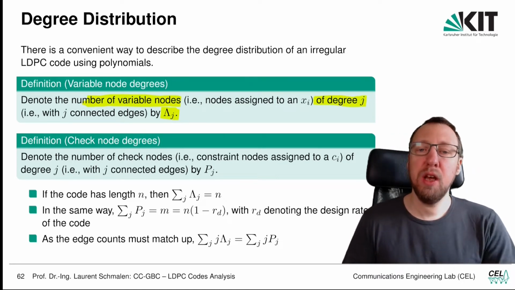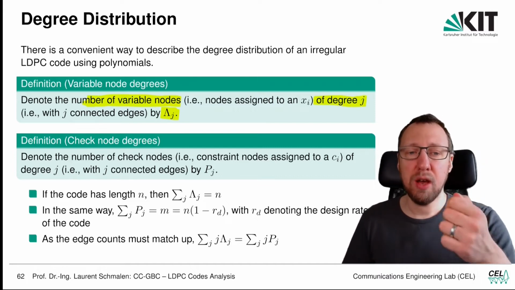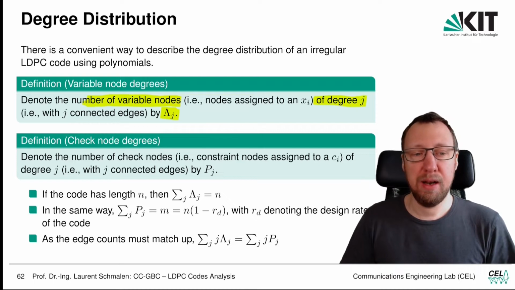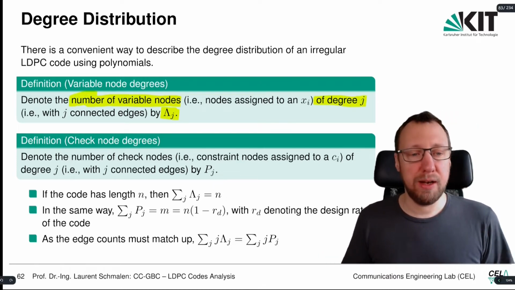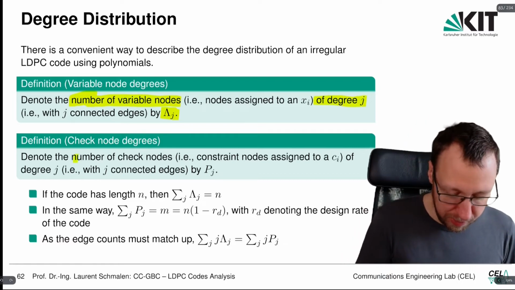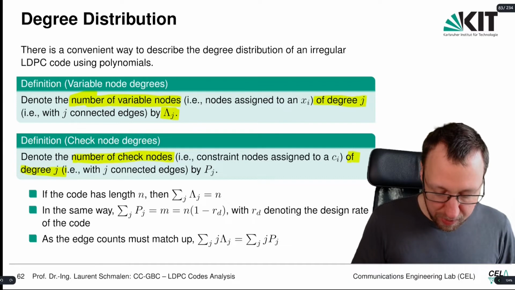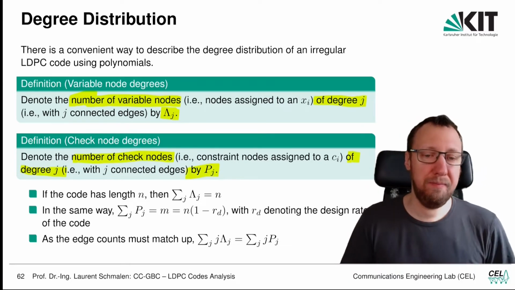So essentially, this is a variable node that has j connected edges. And we do the same thing for the check nodes. We denote the number of check nodes of degree j by capital rho j.